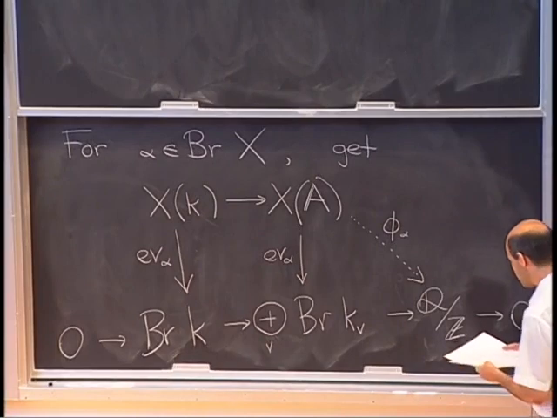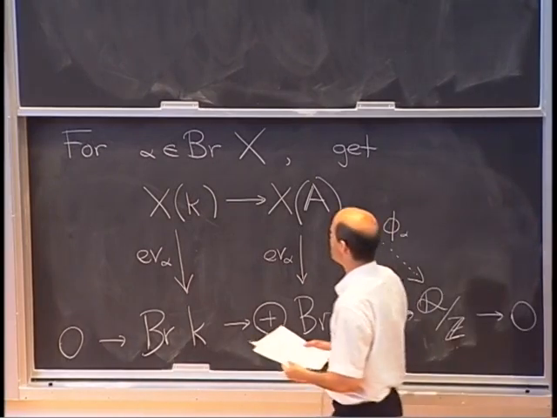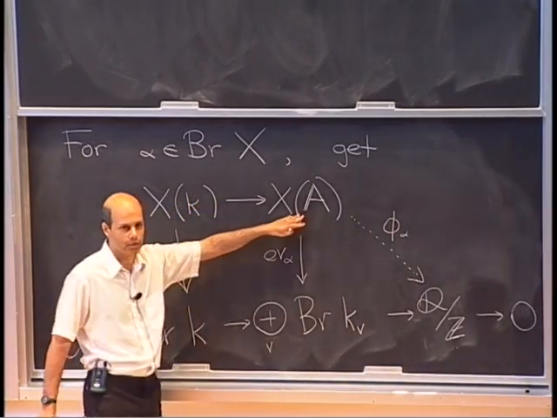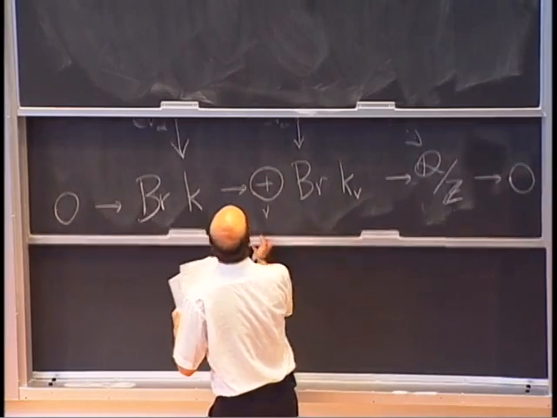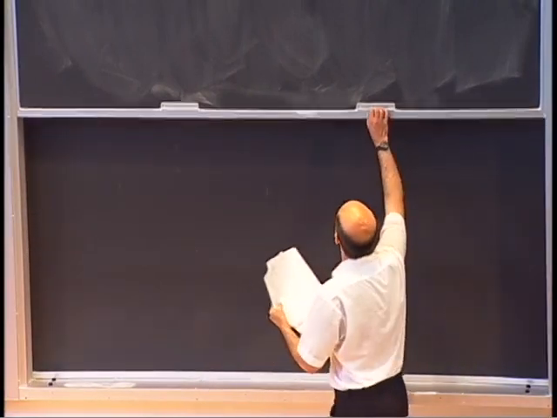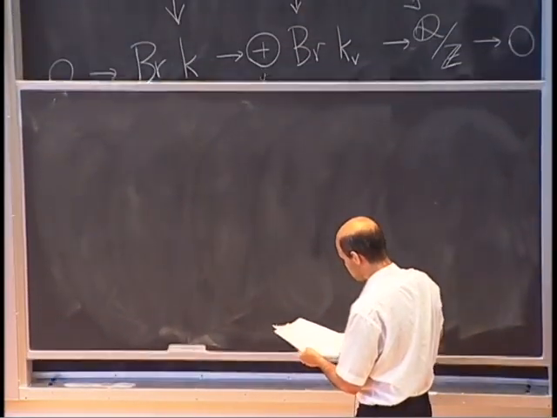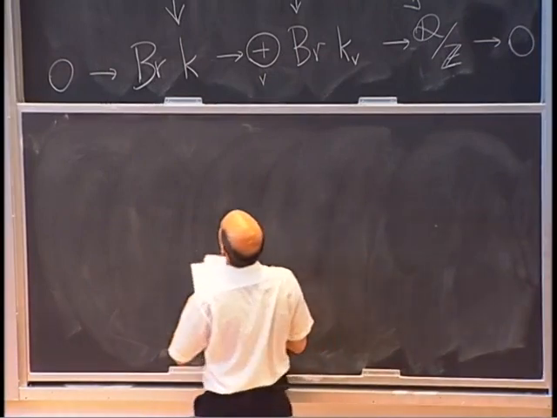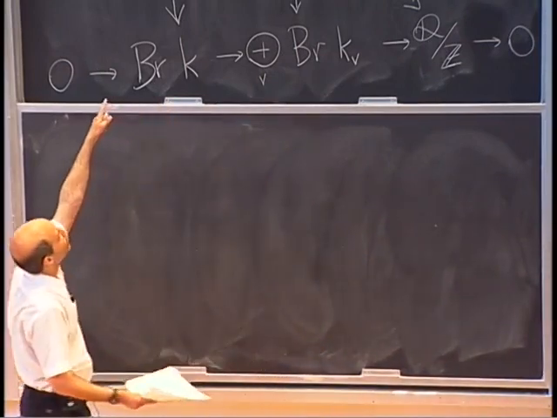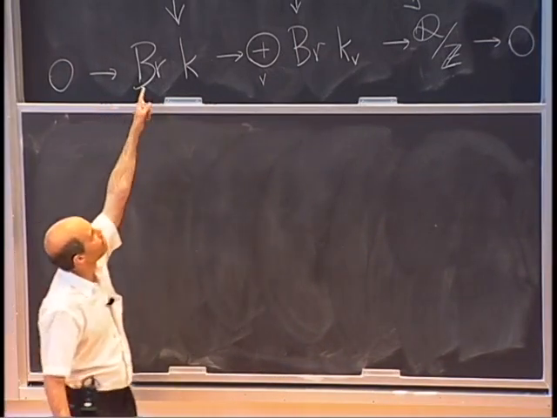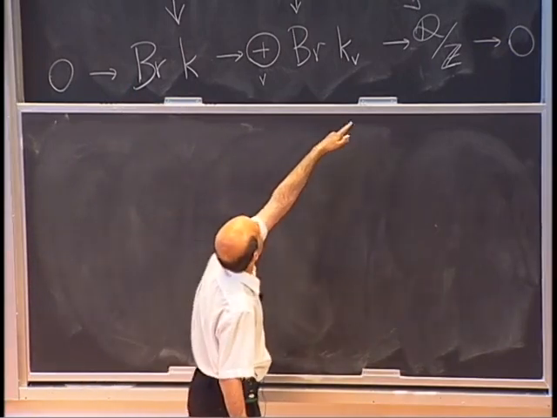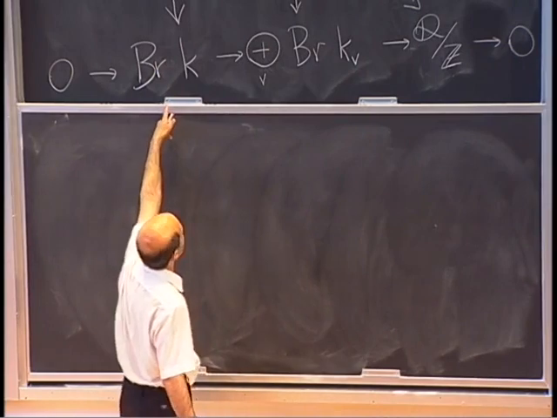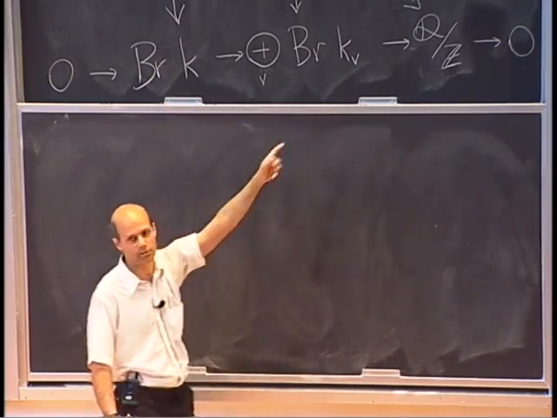And now you can see from this that there are only certain places in here where rational points can lie. Well, if you start with a rational point and you follow it along the upper part of the diagram, you have to end up at 0 because that's what happens if you go down and go across.